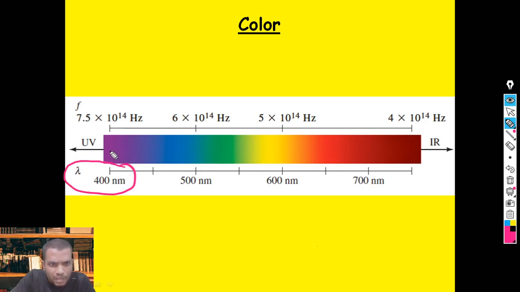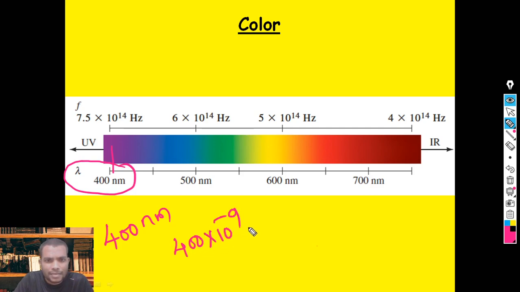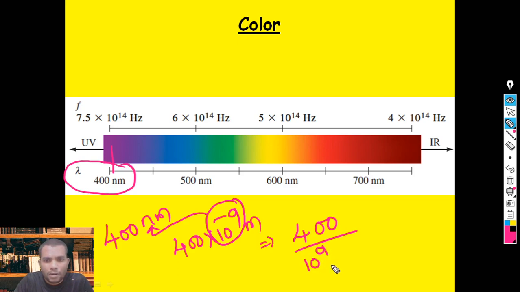Suppose you pick up this violet color, it has a wavelength of 400 nanometer. Nanometer means I can say 400 times 10 power minus 9 meter. So 10 power minus 9 we are calling nano.